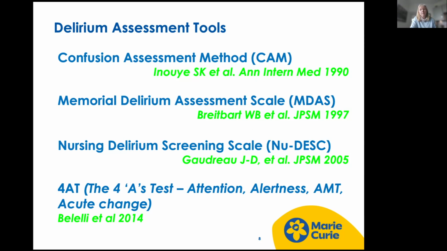However, it's the 4AT, the 4A's test, that we have been looking at in the Edinburgh and Scotland team, because it's one of the best embedded tools used across acute services up and down the UK and actually internationally now. The 4AT was developed and validated in 2014.